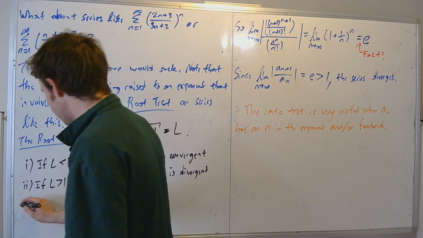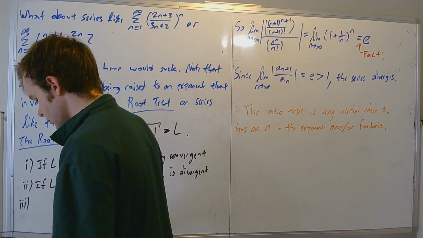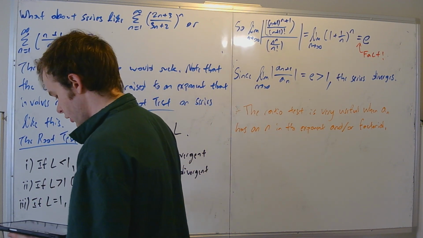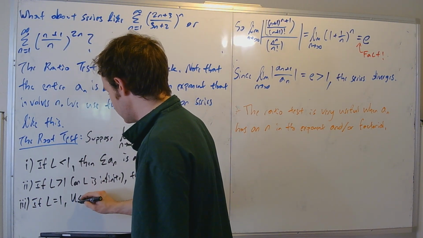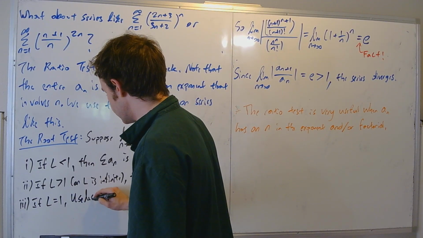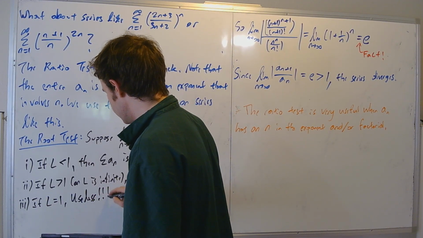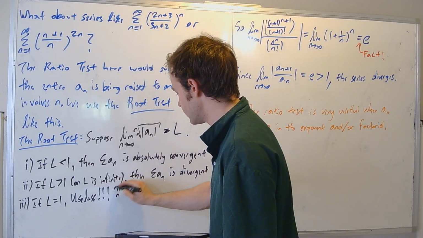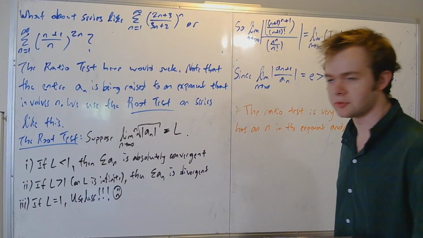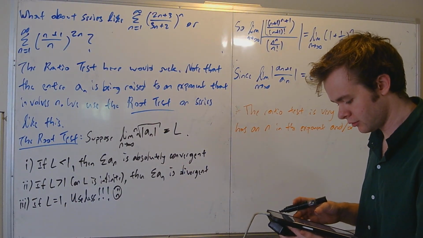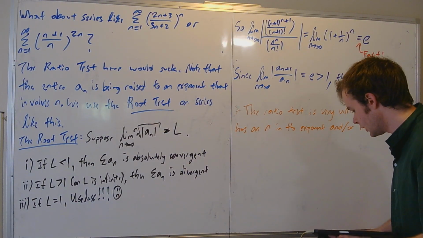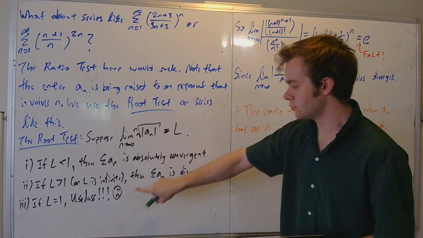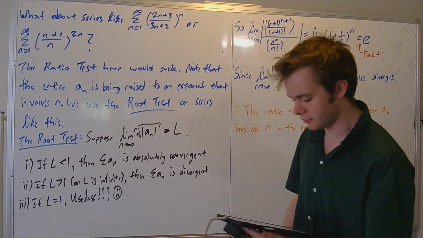And case number 3 is if L equals 1, then this test is useless. Okay, and we'll draw a little frowny face to denote the fact that we're sad that it's useless in that case. So this again is a test that's very good sometimes, but sometimes it just doesn't tell us anything.